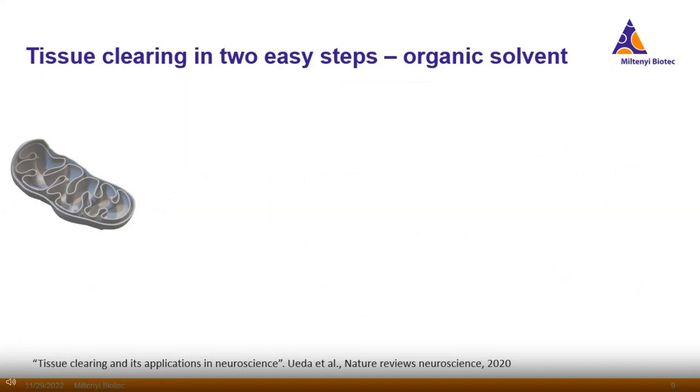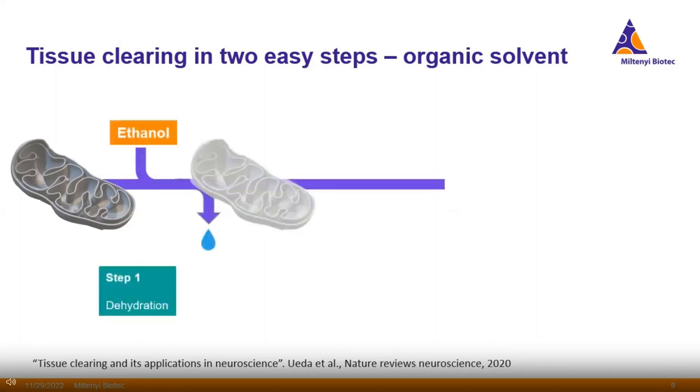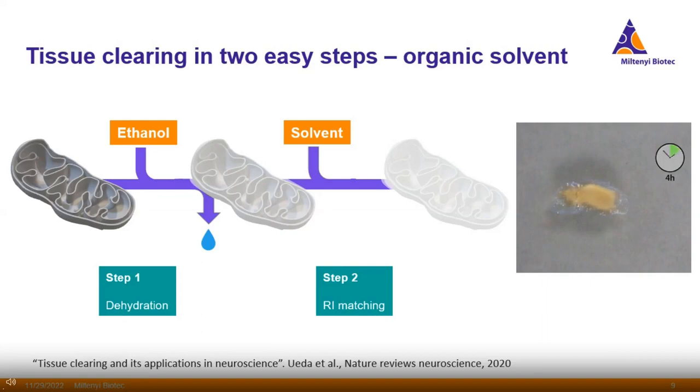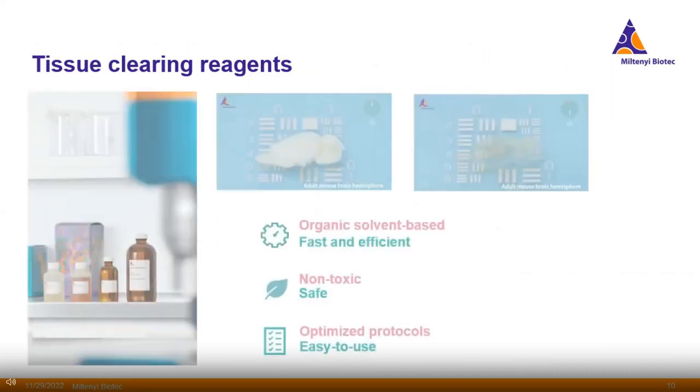For the next step, tissue clearing, maybe some of you have heard of this. Basically, you render the tissue transparent. We add ethanol for the dehydration and a solvent for the matching of the refractive index, which then, as you can see here, turns the brain tissue almost transparent within several hours, making it possible to analyze really every layer of the brain.